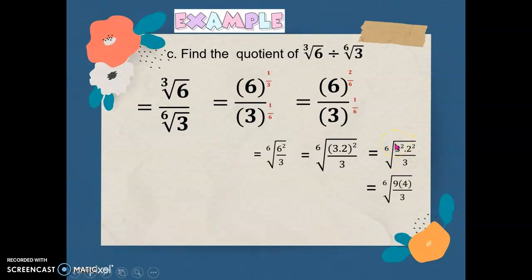And then, simplify, 3 times 3 is 9, 2 times 2 is 4. Since 9 and 3 is divisible to each other, reduce natin. So, 3, ayan, wala na matitira dito, 1 na lang. So, 3 times 4, 6th root. So, 3 times 4 is 12. And 12 has no 6th root, so therefore, that is already the answer.